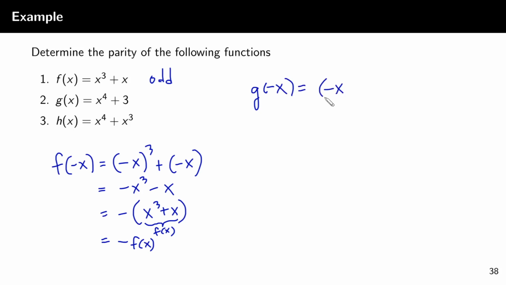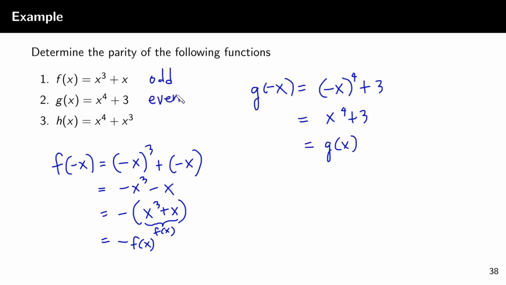So, negative x raised to 4 plus 3. Ngayon, even yung exponent natin, so itong negative x raised to 4, it's just equal to x raised to 4 plus 3, which is equal to g of x. So, na-preserve natin yung function, and therefore g of x is even.